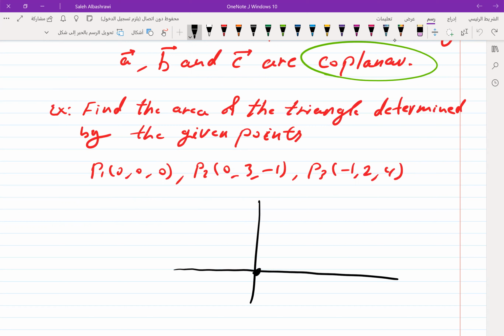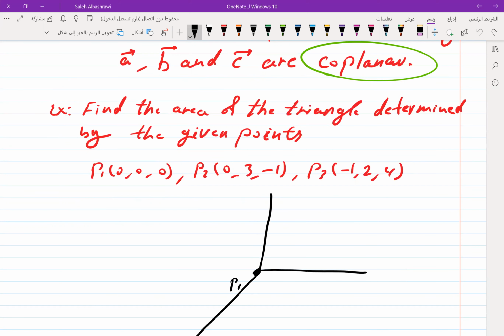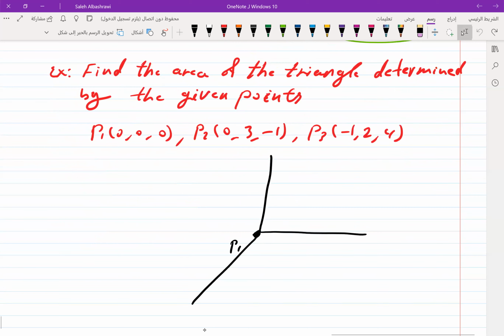This is B1, 0, 0, 0. B2 is 0, 3 on the y-axis, and minus 1, so this will be down.